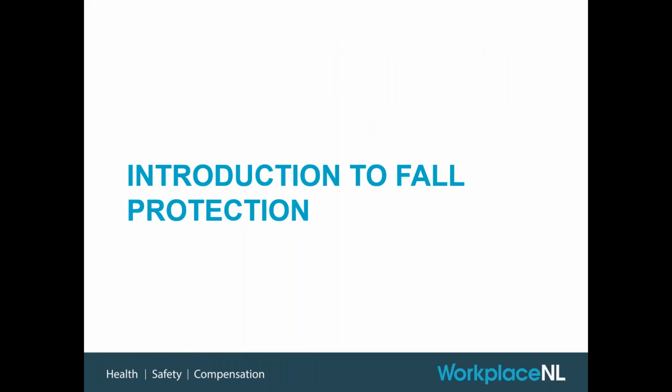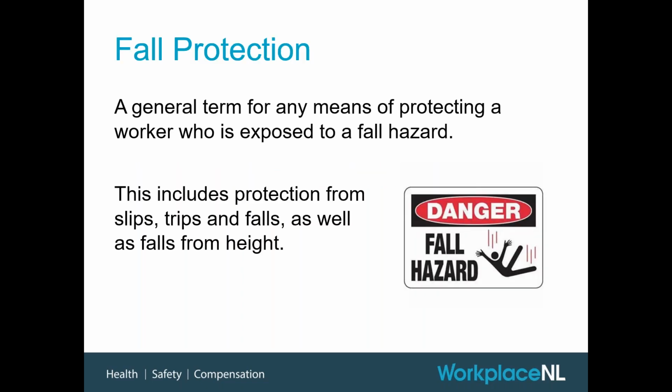So we'll kick this off by talking a bit of general information around what fall protection is. It is really a generic term. It's meant to cover off everything under the sun that could protect a worker who has the potential to fall. So certainly this is not exclusive to working at height. This would also include types of protection from slips, trips, and falls.